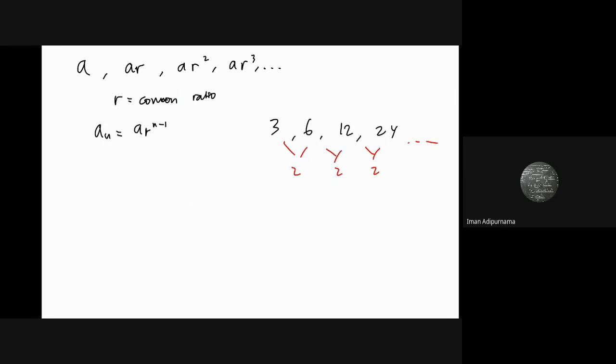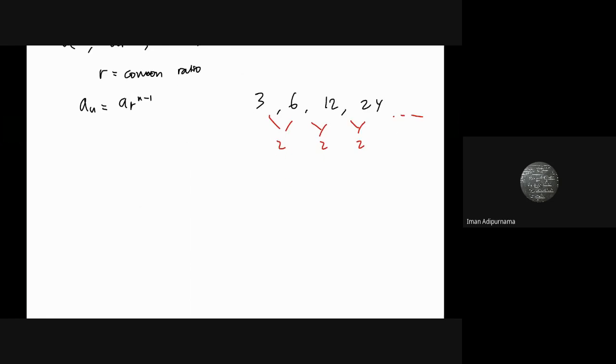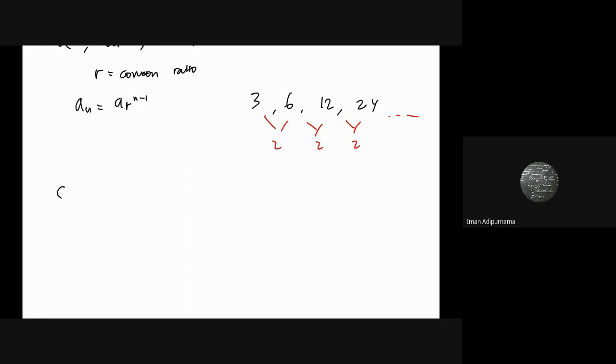Similarly, we also have the sum, the Sn. So let's write the Sn: a plus a r plus a r squared plus dot dot dot plus a r to the n minus 1. Now we write another Sn, but we multiply it by r. The first term becomes a r.